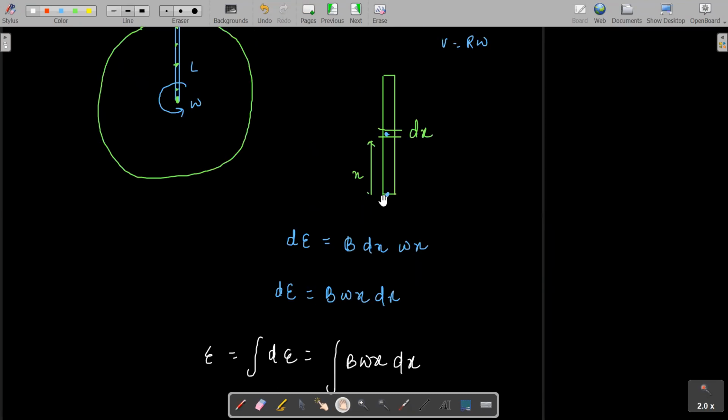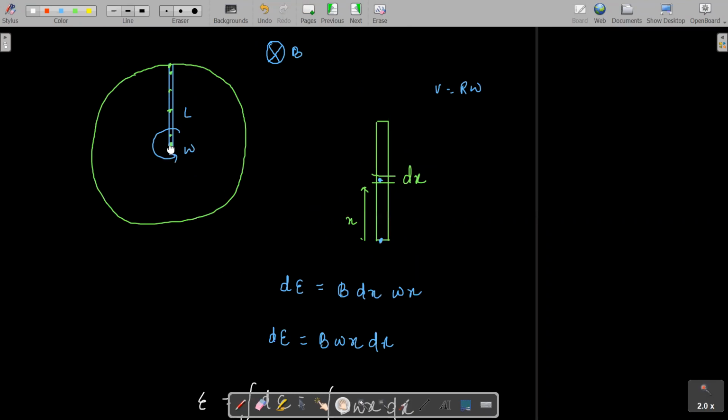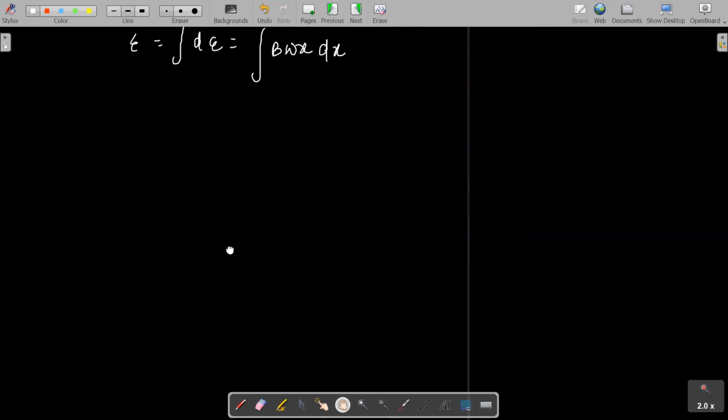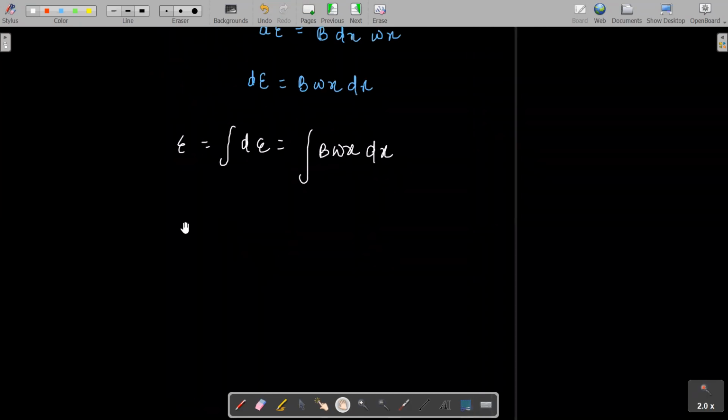X should be varied from 0 to L. So the EMF induced is equal to the integration from 0 to L of B omega x dx.